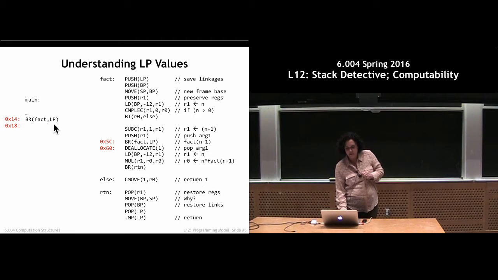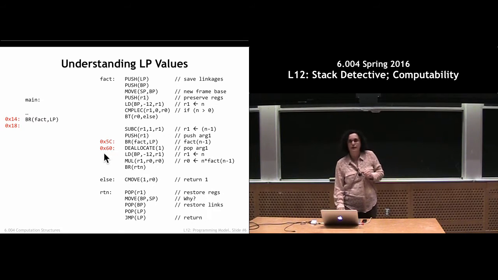The value that would get stored in this linkage pointer is the address of the instruction immediately following this, which is 0x18. So when I'm calling factorial from my main routine, my LP is going to have a value of 0x18 put into it. When I call it from over here in the recursive call, the value that's going to go into LP is 0x60.